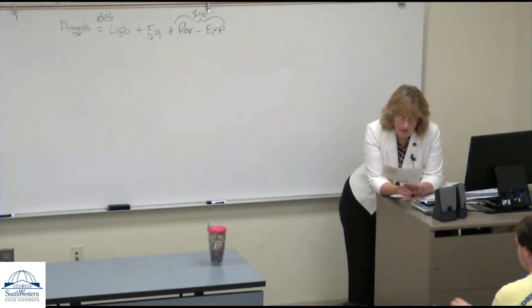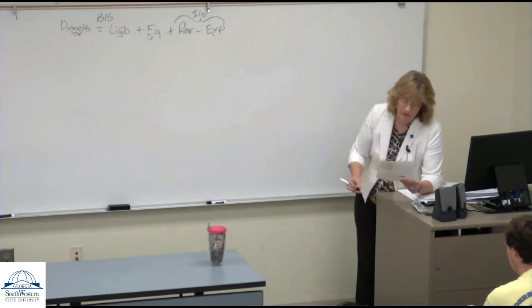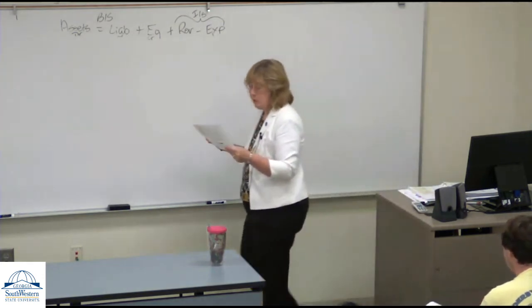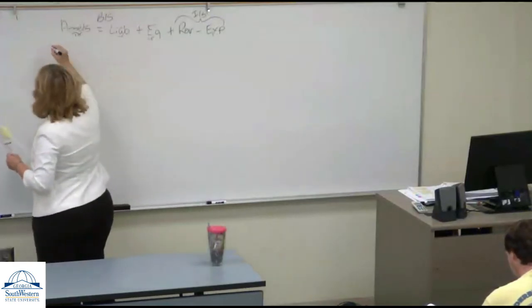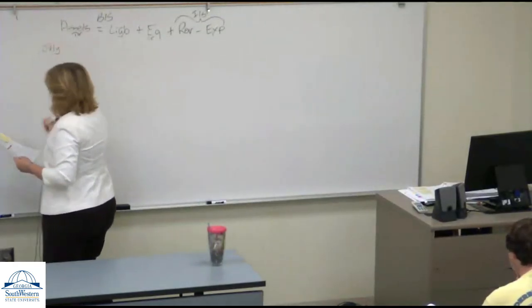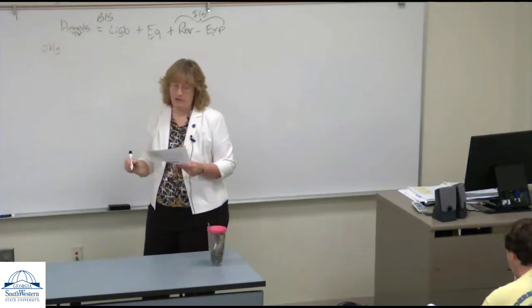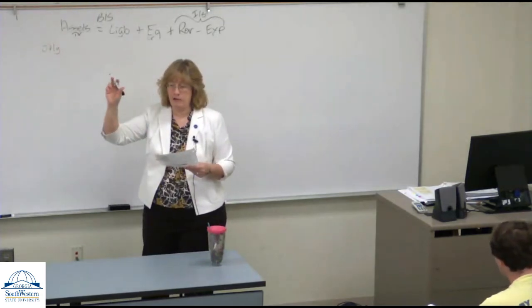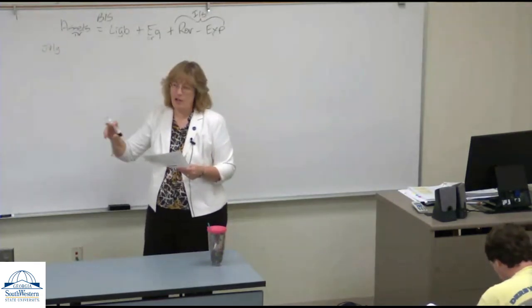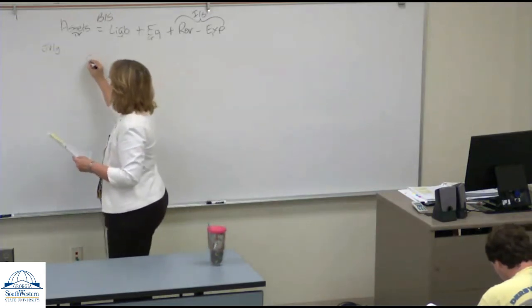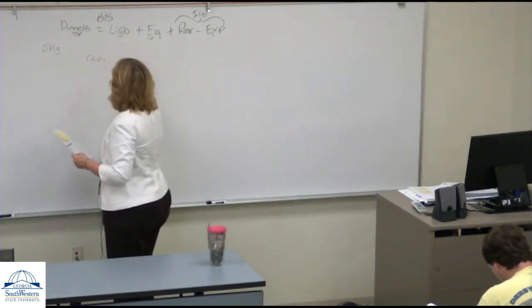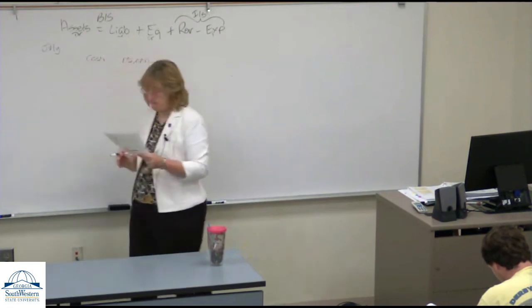So on July 1st, Crow paid $15,000. What we think about first is what happened to our cash. Our cash went down, so we're going to credit cash for $15,000, right?